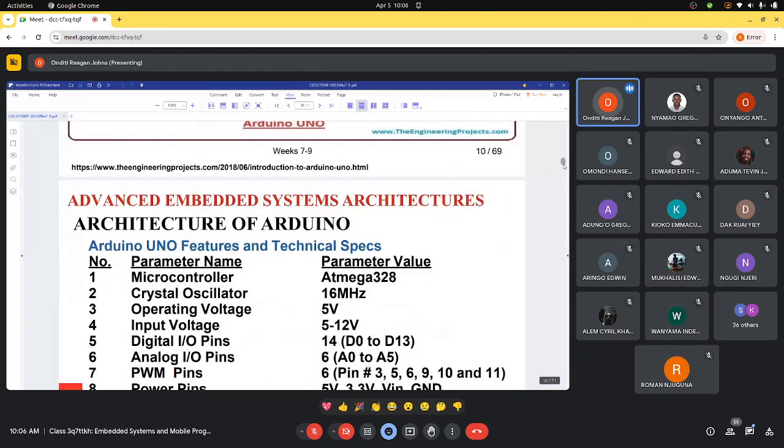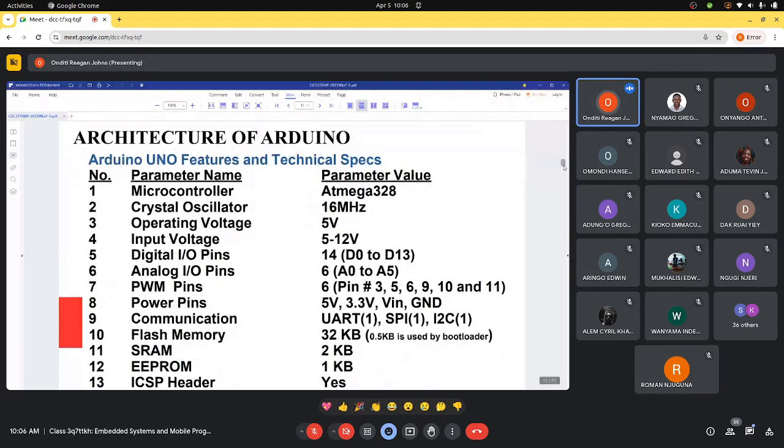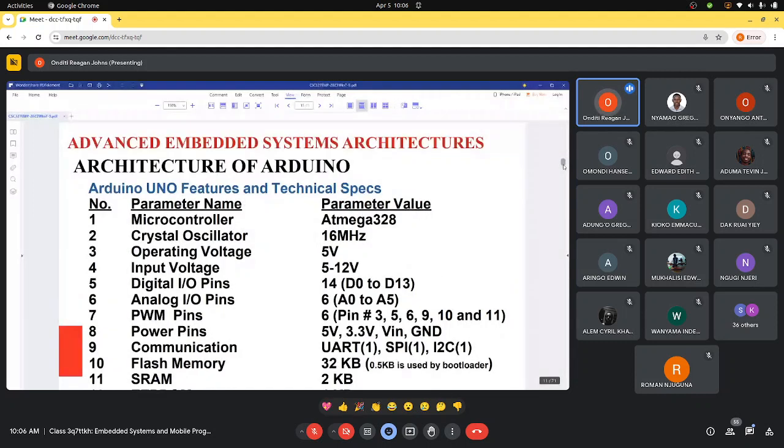So very fast, I would want us to have a look at the pins. We've talked about all this, but it's good for us to revisit them and see what their core functions are.